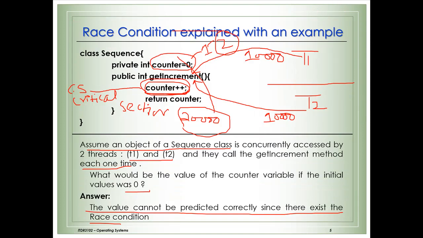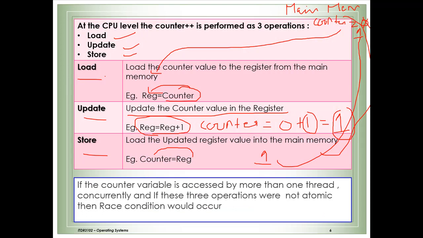So any operation, even this simple counter plus plus operation, is divided into 3 operations at the CPU level: load, update and store. Now let us discuss why the race condition problem is happening.